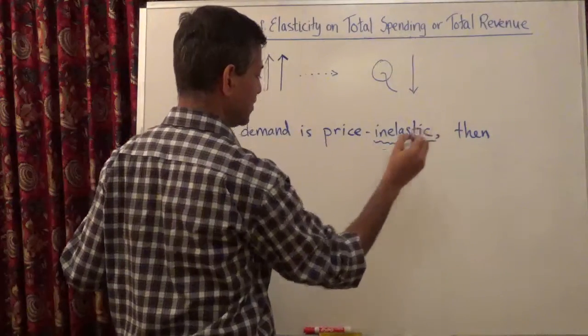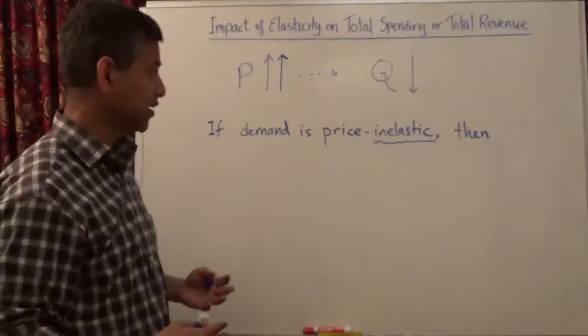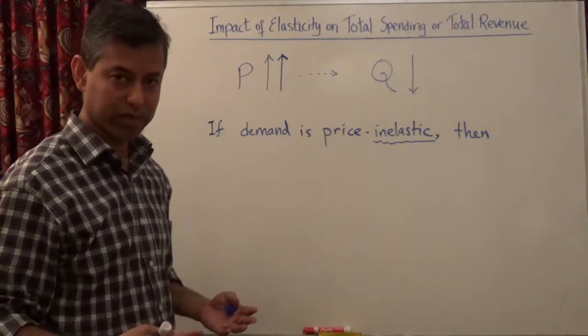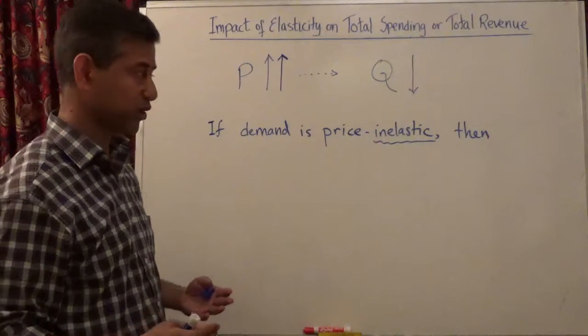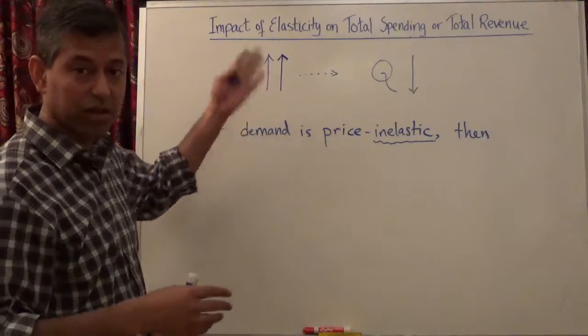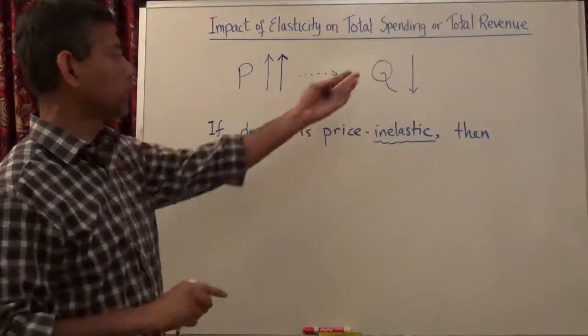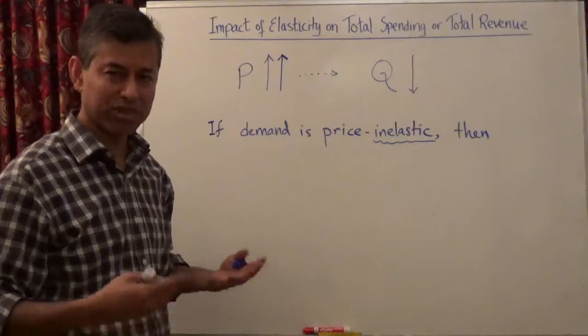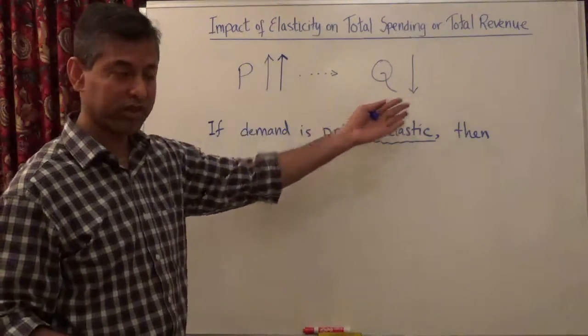Well, the fact that it's inelastic basically is telling us that quantity will react, but it won't react proportionally. It will react less than proportionally. It's like if price had gone up by two arrows, quantity will drop, but not by two arrows. It'll drop less than proportionally, hence, let's say, one arrow.